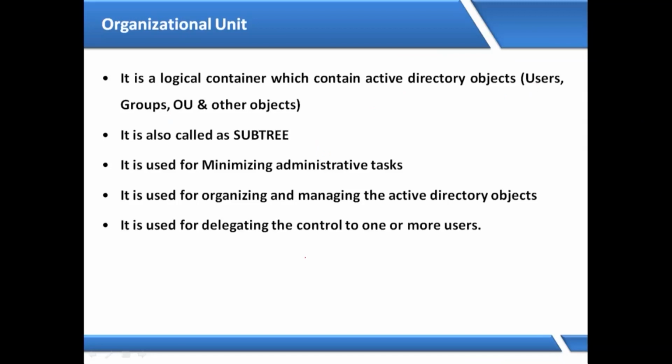Delegation control means giving some of the administrative privilege to the other user. All this is being done to reduce the workload of the administrator. And OU is also used to apply group policy, which we will be discussing tomorrow. It is not mentioned here, but these are the main three purposes of using the OU.